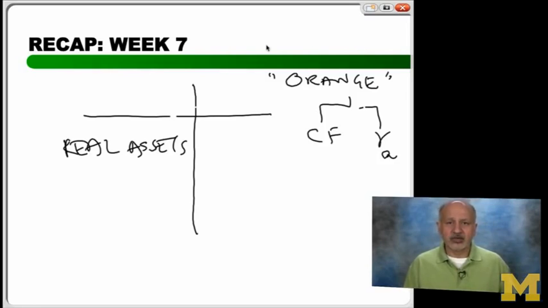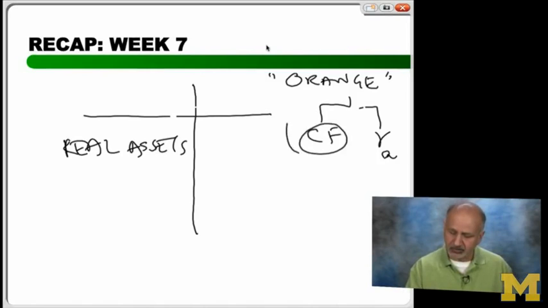Now I know that, but I don't know what my R is. This belongs to orange in the sense that orange created this idea, but this belongs to the market.